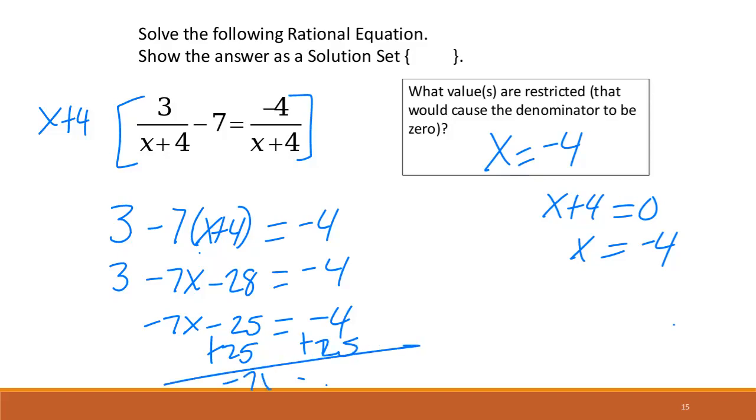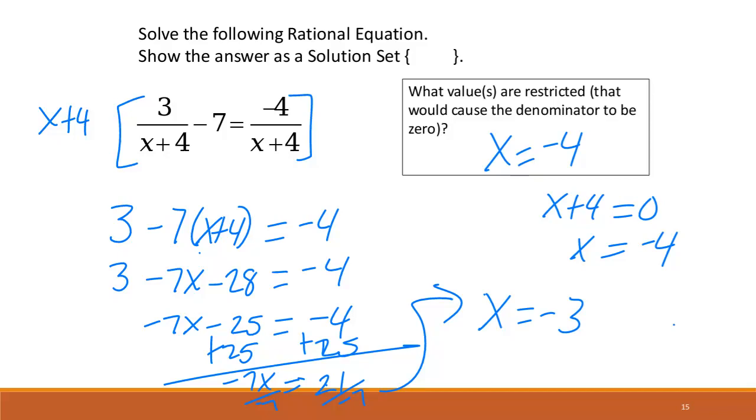So I get -7x equals 21. And then divide by 7, or -7 from both sides. So my final answer gives me x equals -3.